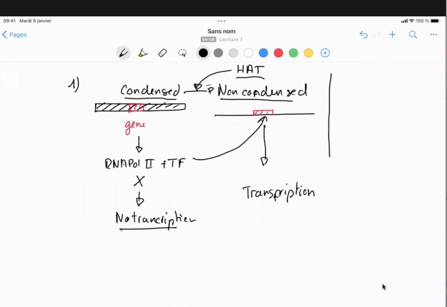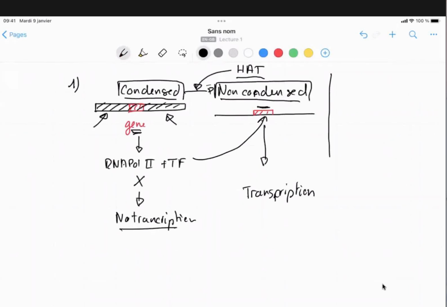what is dangerous there? When we shift from the condensed locus to the non-condensed locus, it is true that the gene, which couldn't be activated before, now can be, no problem. But the problem is the sequence around the gene.